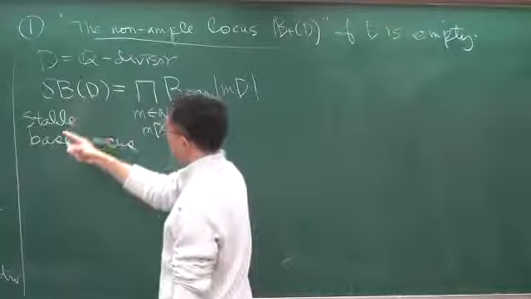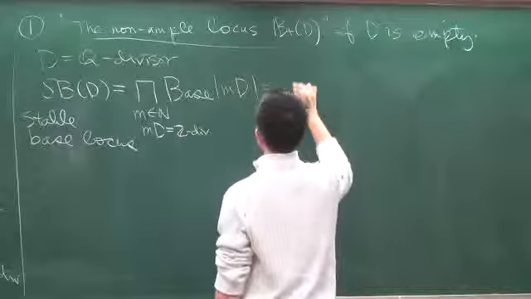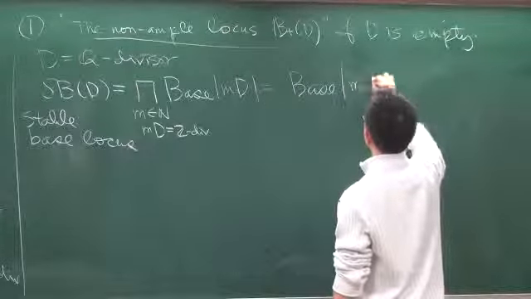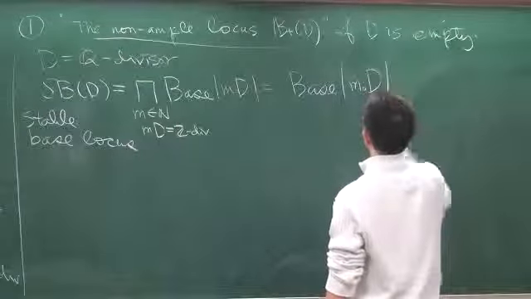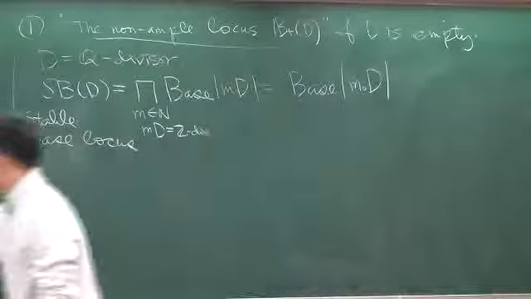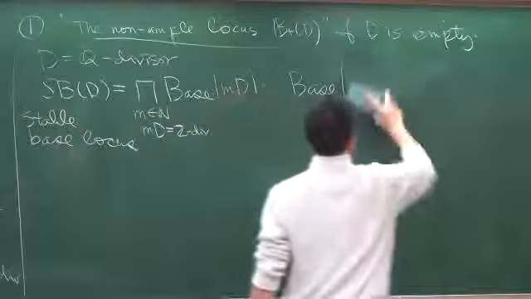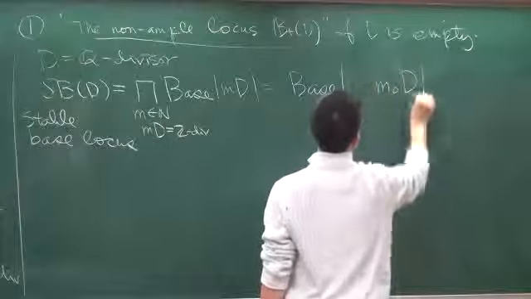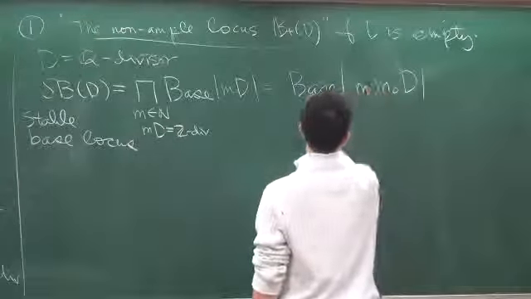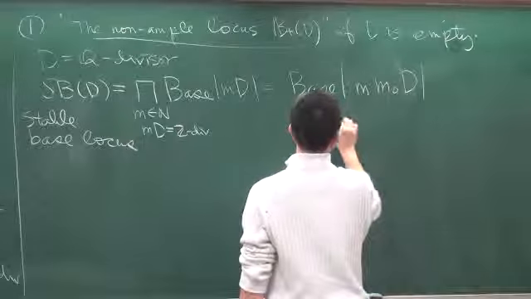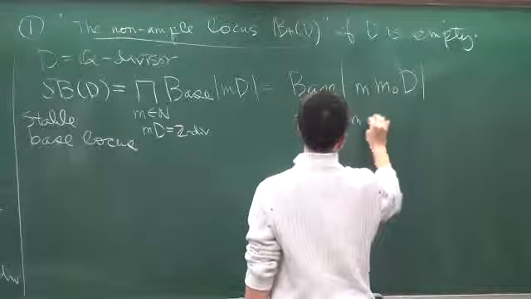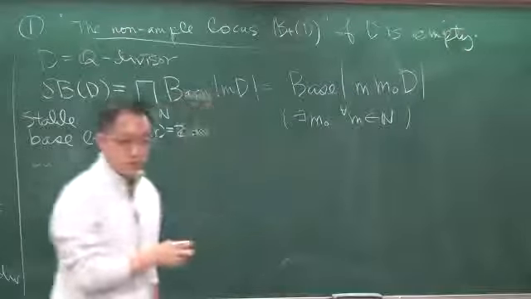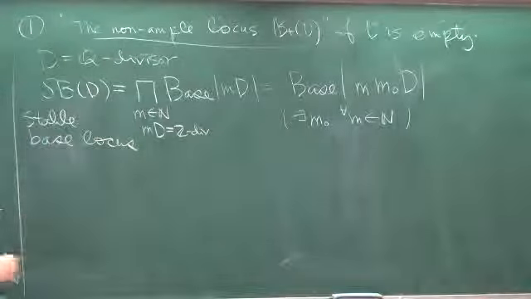This is called the stable base locus because this is actually the base locus of mD for some m. So there exists some integer m0 such that this is equal to the base locus of mD for any sufficiently divisible m. That's why this is called the stable base locus.